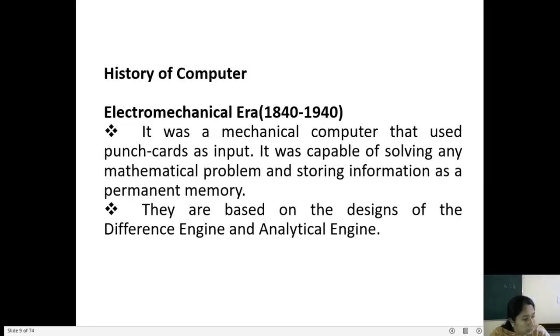During this period, the first electronic computer called Mark One was introduced by a company called IBM.